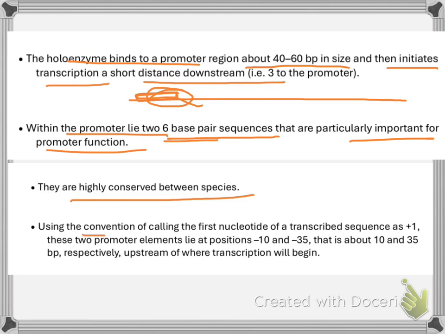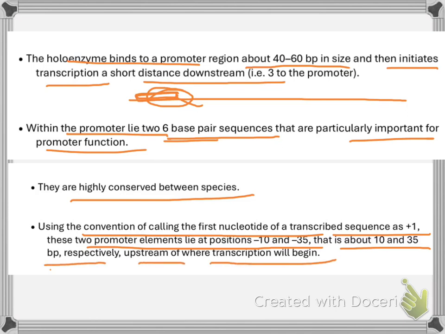Using the convention of calling the first nucleotide of a transcribed sequence +1, these two promoter elements lie at positions -10 and -35, about 10 and 35 base pairs upstream of where transcription will begin.